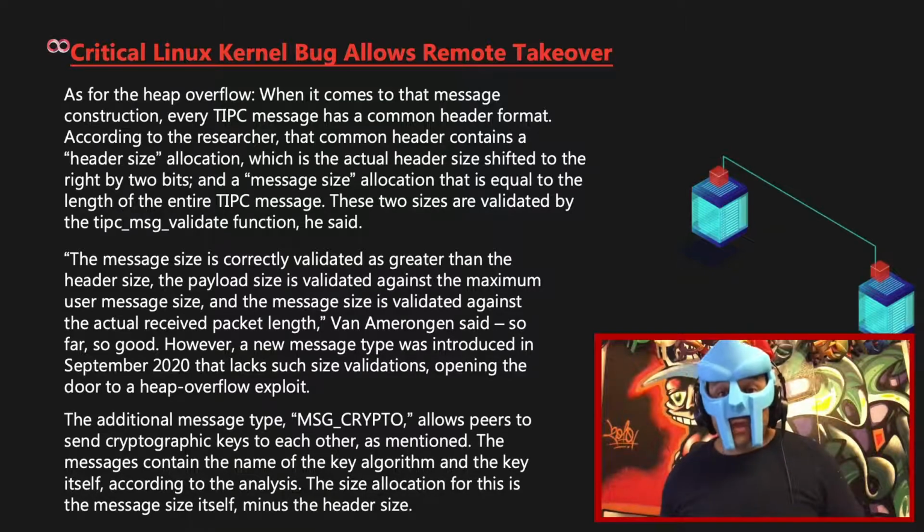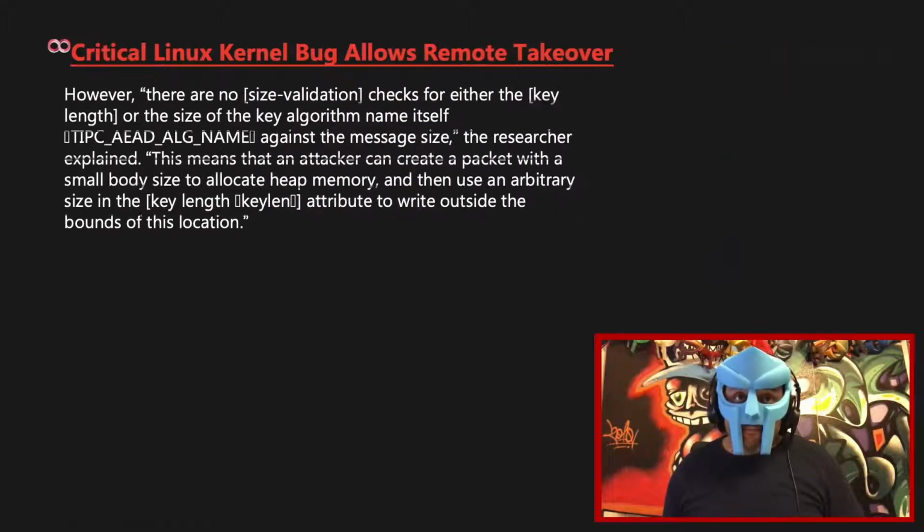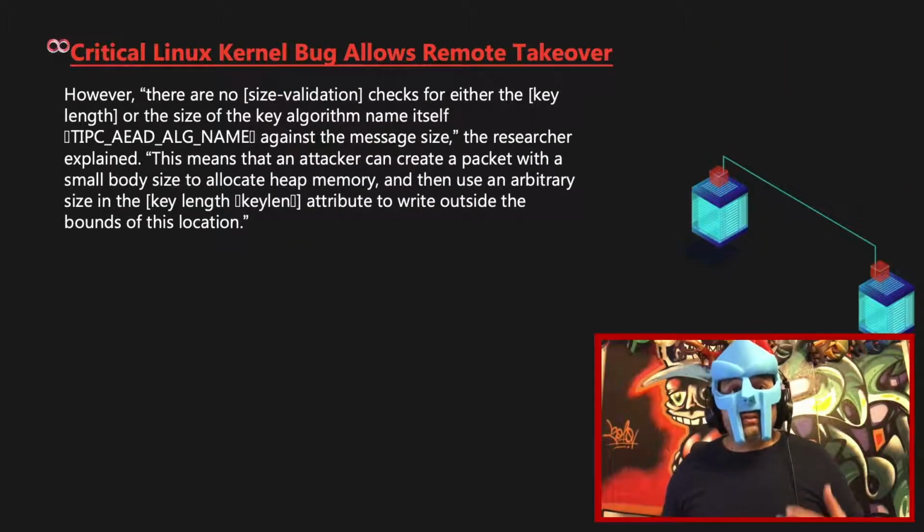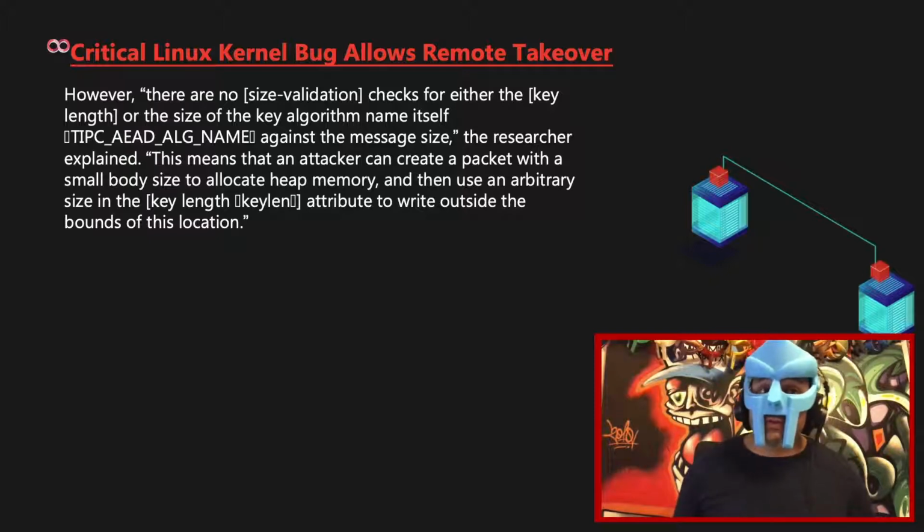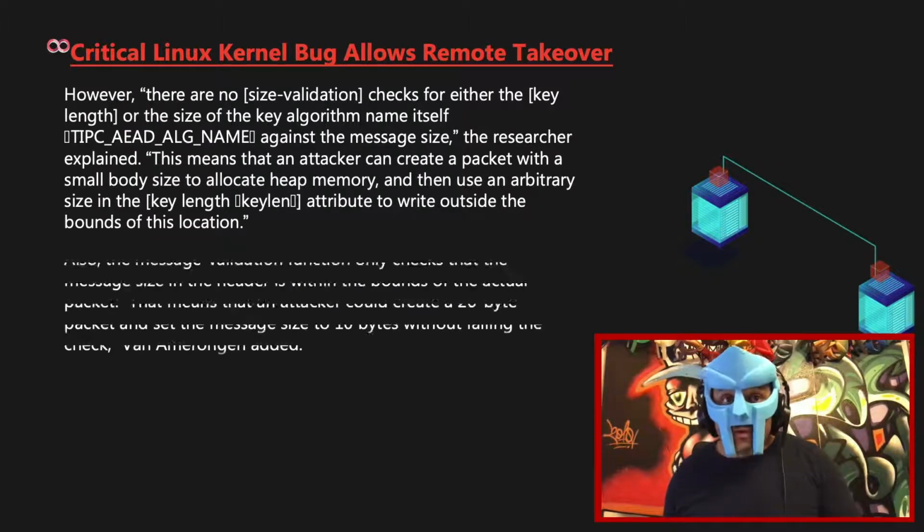The size allocation for this is the message size itself, minus the header size. However, there are no size validation checks for either the key length or the size of the key algorithm name itself against the message size, the researcher explained. This means that an attacker can create a packet with a small body size to allocate heap memory, then use an arbitrary size in the key length, or key_len, attribute to write outside the bounds of this location.